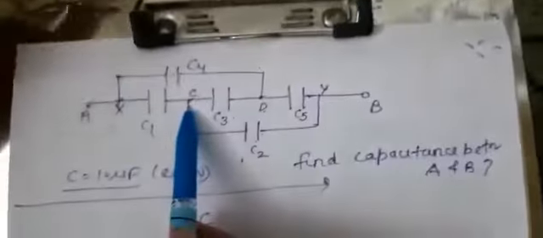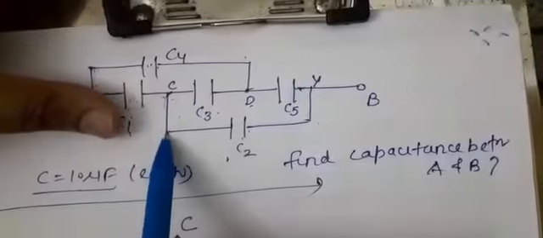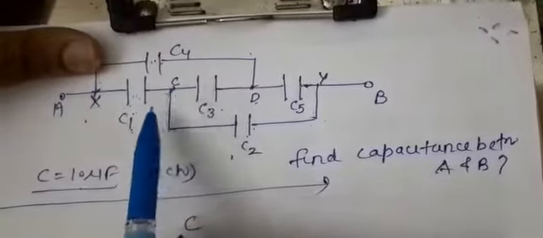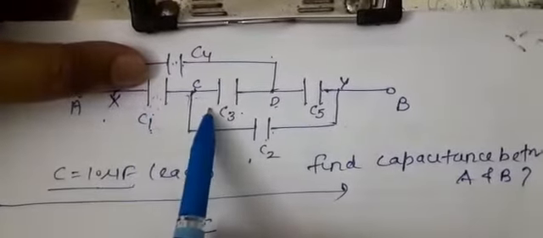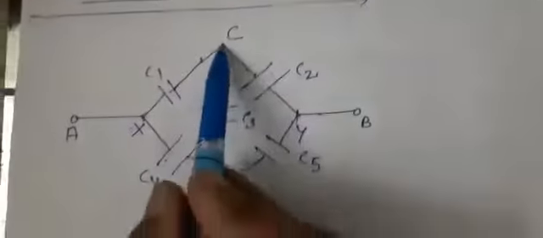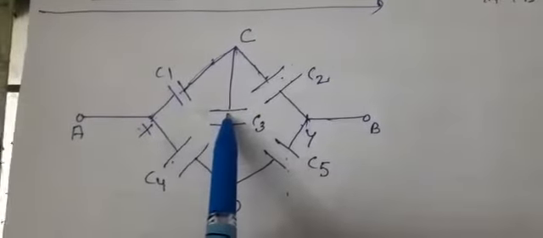Now at point C, in the figure, C1, C3 and C2. C is a point we have to choose in such a way that it should be connected to the second plate of C1, first plate of C3 and first plate of C2. So this C is common in C1, C2 and C3.